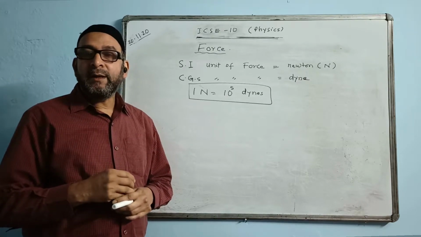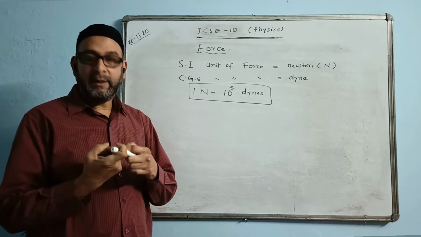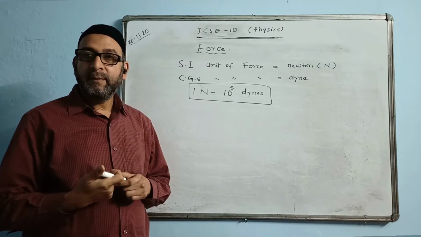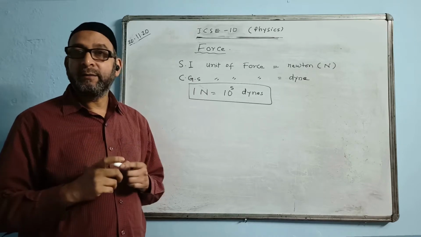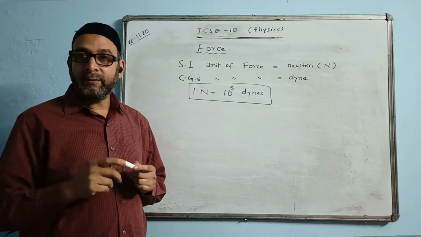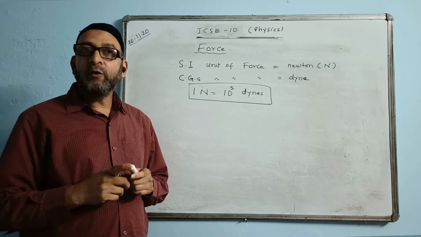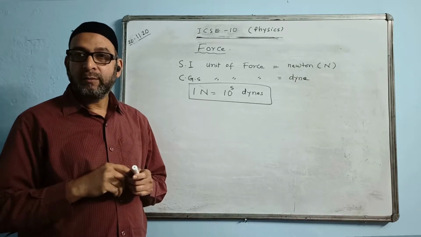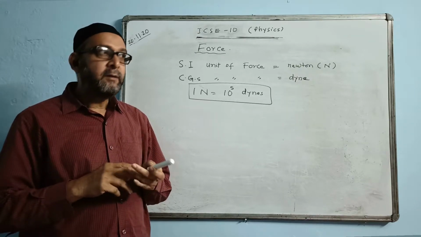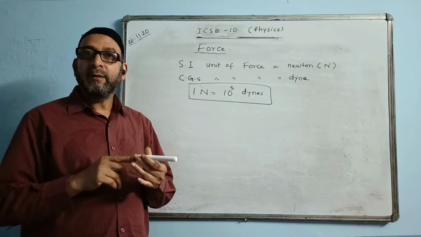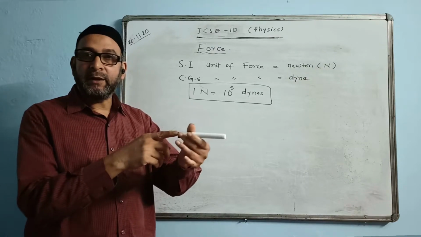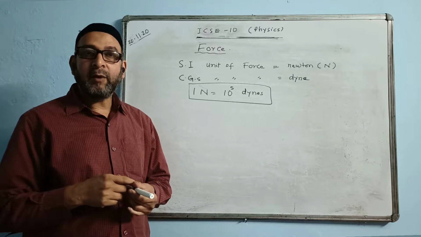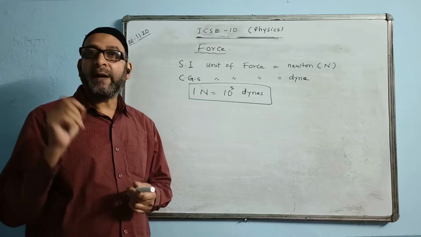When a body is not hinged, not clamped or not pivoted, and you apply a force on it, then the body will be moving in a straight line path, as the body is not pivoted.